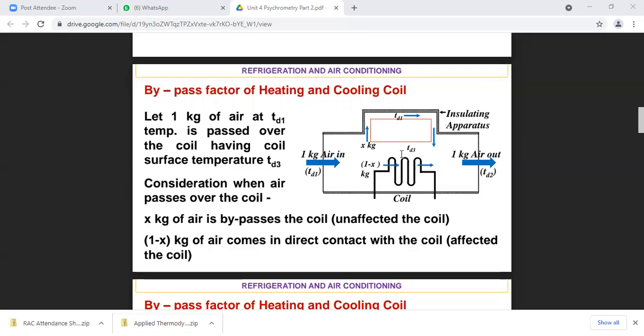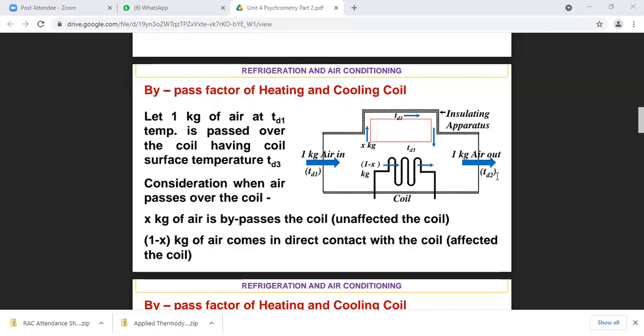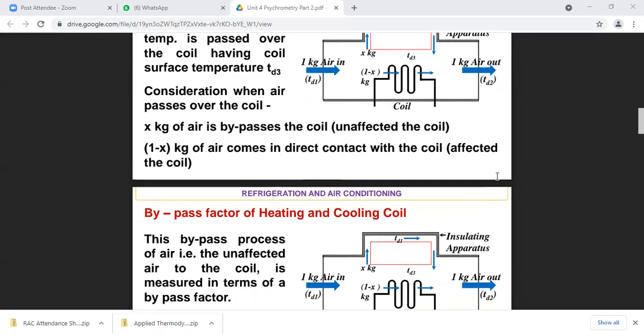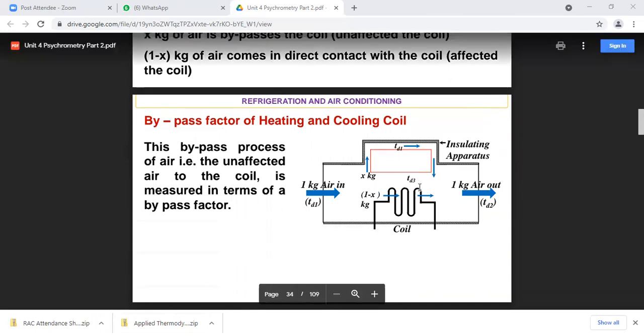And if heating hot water is used, hot water flows through the coil and heat is supplied to the air. Then 1 kg of air at temperature TD2 comes out. The air unaffected by the coil is measured in terms of the bypass factor.